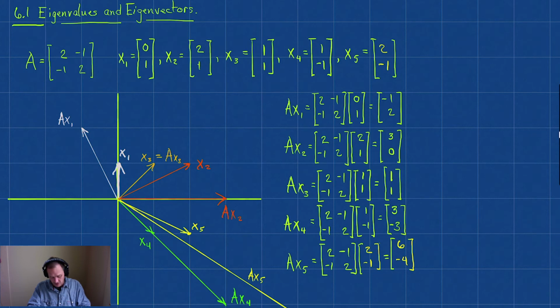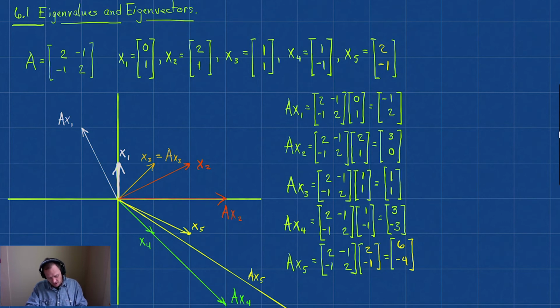And then let's look again at x5. x5 is in a different place than ax5. But now look at x3 and ax3. They're the exact same vector. And look at x4 and ax4. Well, x4 didn't change direction, it just changed magnitude.